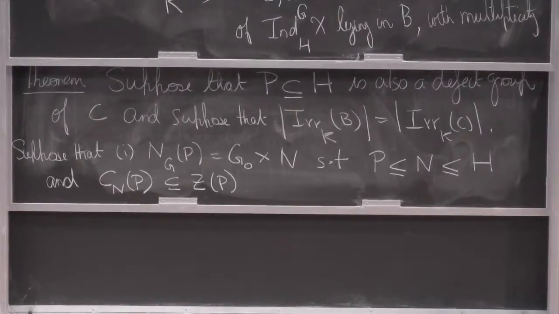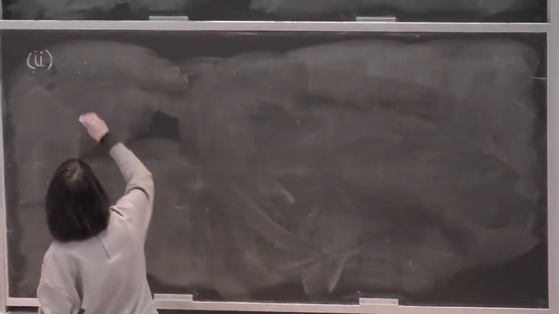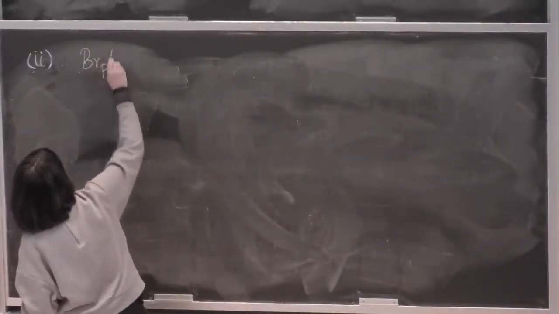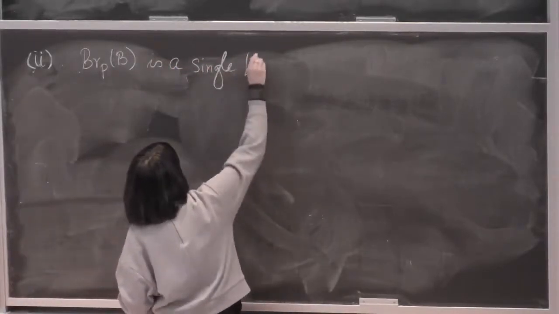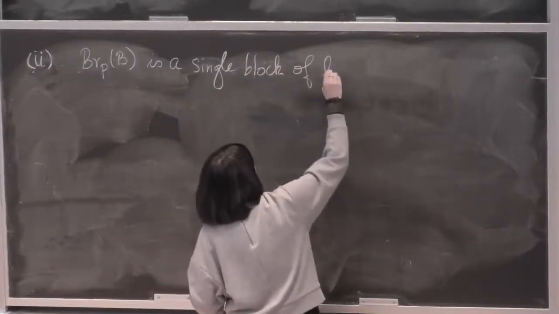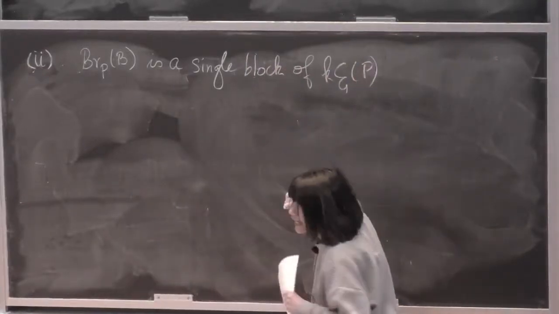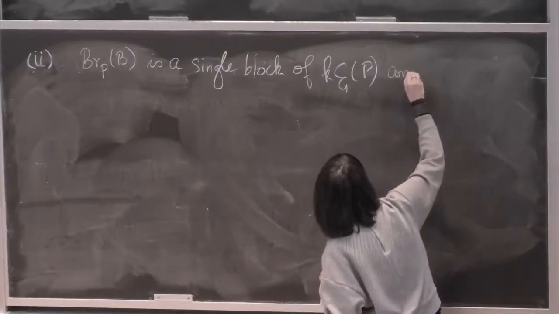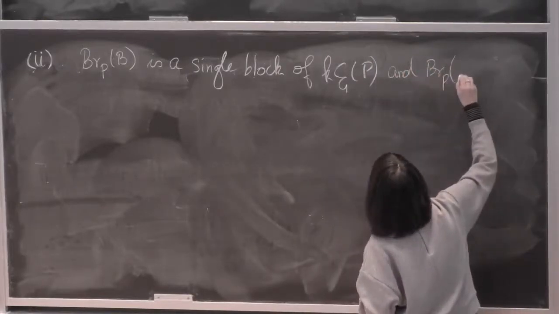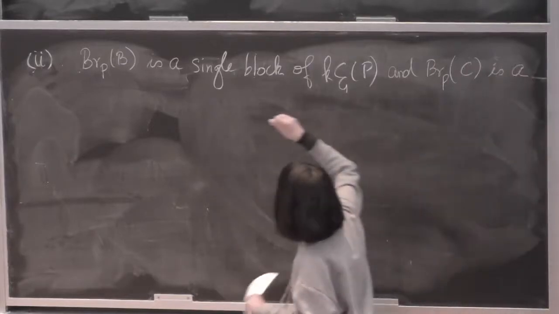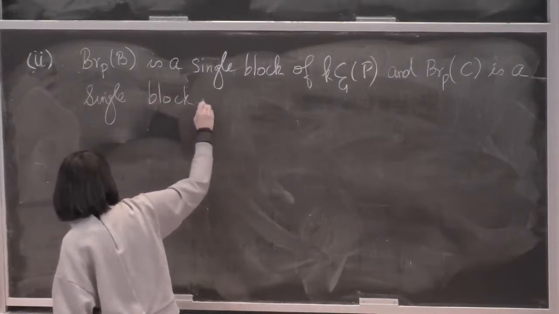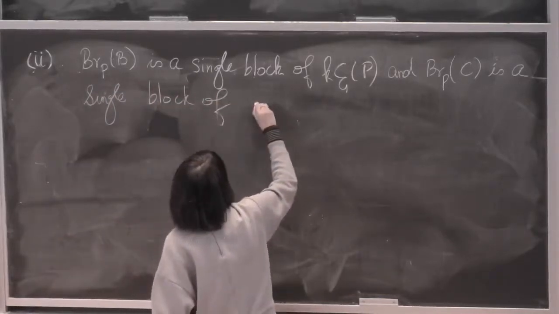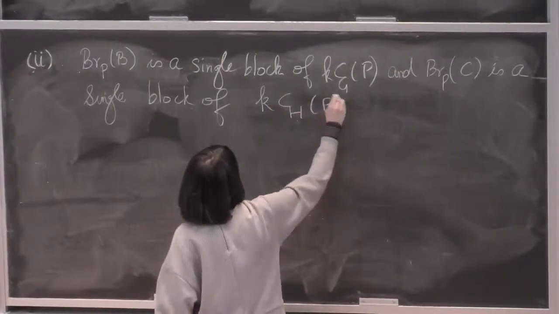Also a local assumption, and also not always necessary, but it makes things easier to state. And the second assumption is that Brouwer P of B is a single block of kCG(P), and Brouwer P of C, same thing, is a single block of kCH(P).